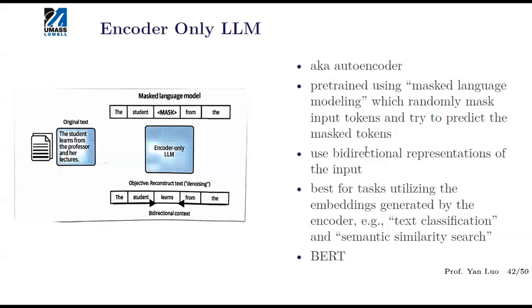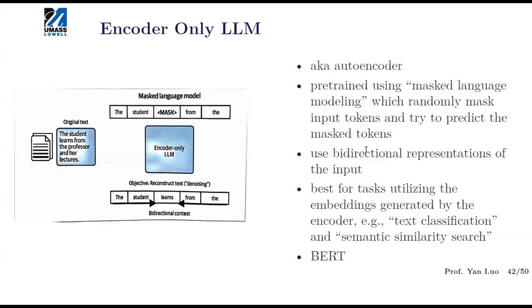Then the model trains itself so that it tries to produce a token that matches the real token in the input text. Of course, it may produce a wrong token at the first try, but eventually, hopefully, you'll get a right prediction of that missing token in the middle. It represents the input from both directions.